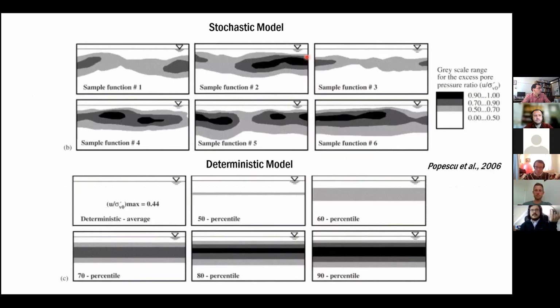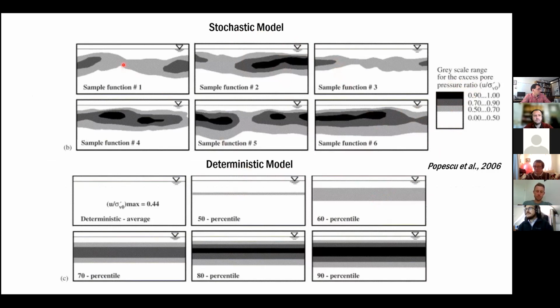Here, in this image, we can see the excess pore pressure ratio depicted by this gray scale, in which a dark or gray color represents a high excess pore pressure ratio, and a white one represents little to no pore pressure generation. On the upper part, we see stochastic models, and on the lower part, we see deterministic models.